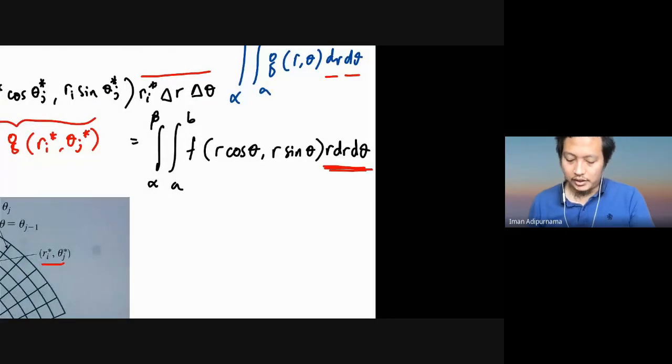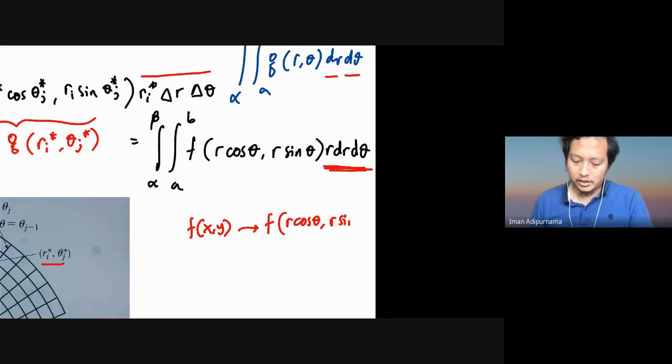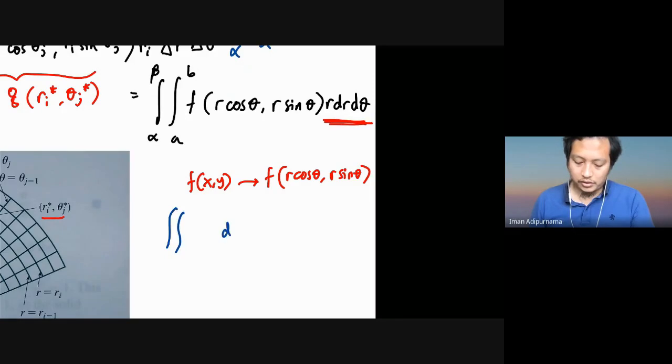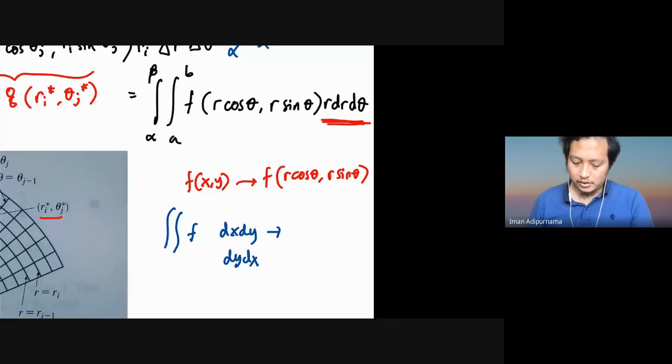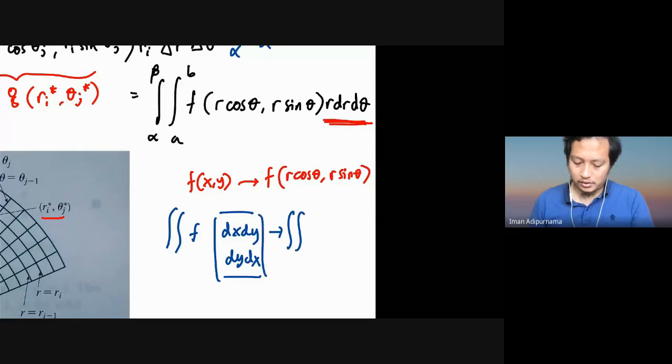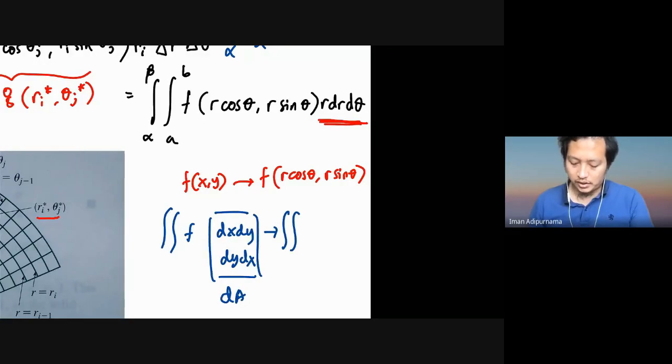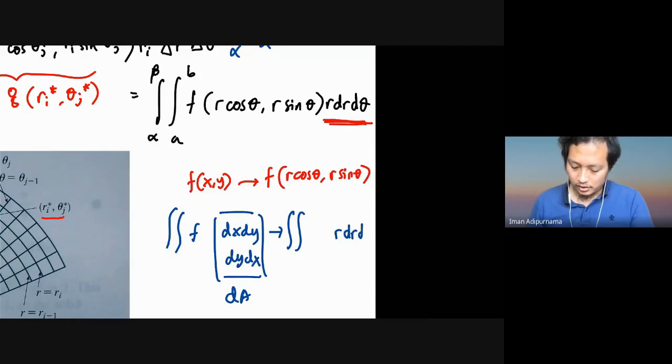And we are going to use these three variables here, r_i, delta r, and delta theta, for our integration. Every time you want to convert from xy to r cos theta and r sin theta in the double integral, your dx dy or your dy dx, this dA, should be changed into r dr d theta, still with a function here.